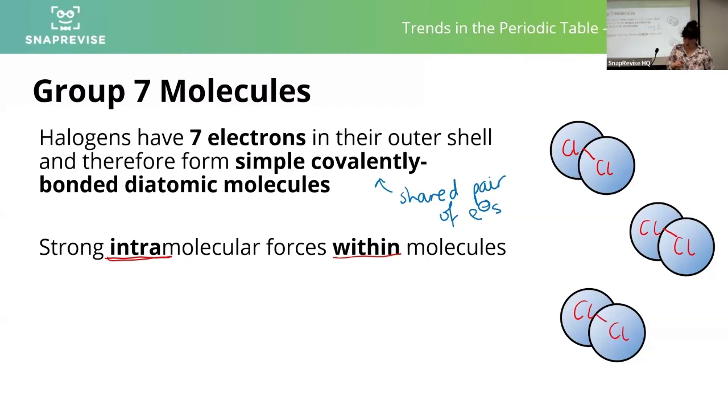We will come to it more later, but don't forget there are also intermolecular forces between molecules. So we have intramolecular bonds within the molecules and intermolecular forces between molecules, but we'll come to that a little bit later. The intramolecular bonds are strong. Okay, let's keep going.